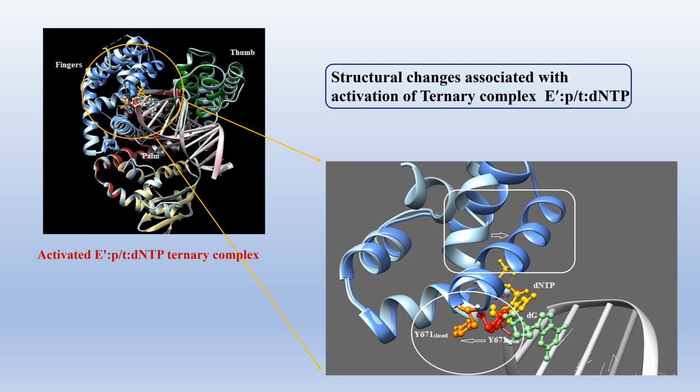The tyrosine of the O helix, whose aromatic ring was earlier stacked into the first base pair of the PT duplex, moves away from the stacking arrangement. The template base positions itself to base pair with the correct incoming nucleotide. The transition organizes all the components of the active site topologically and geometrically so that the polymerase is able to proceed to the chemical step.